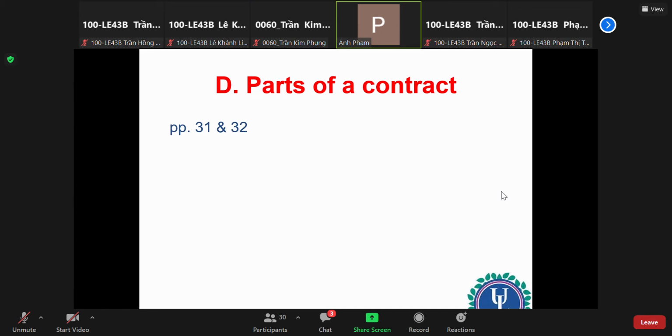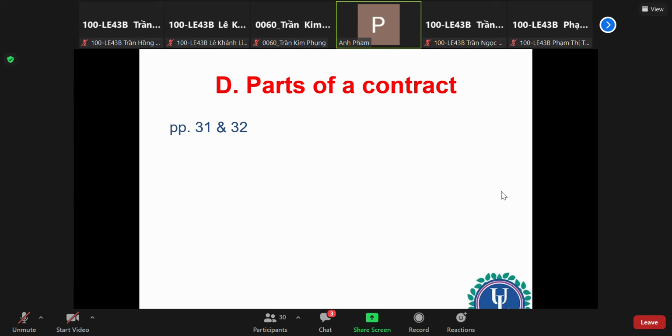Events of default and remedies, boilerplates, and the signature block, exhibits and attachments. So those are the main content of a contract. And here they just give you the heading. Not really the heading, but the gist, right?